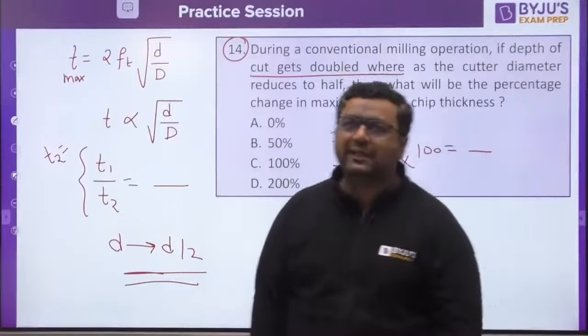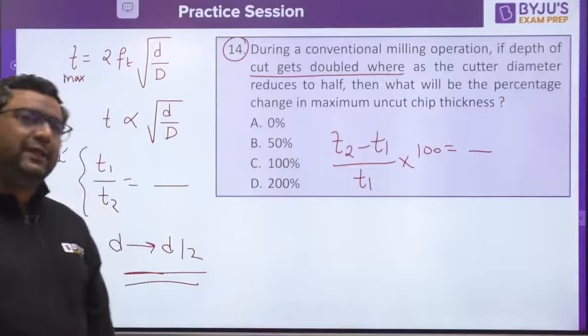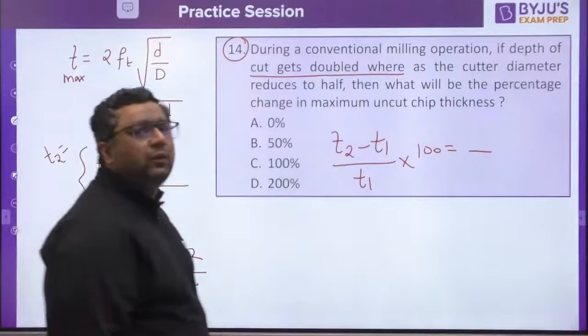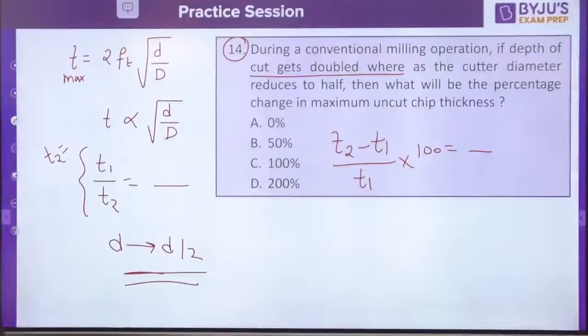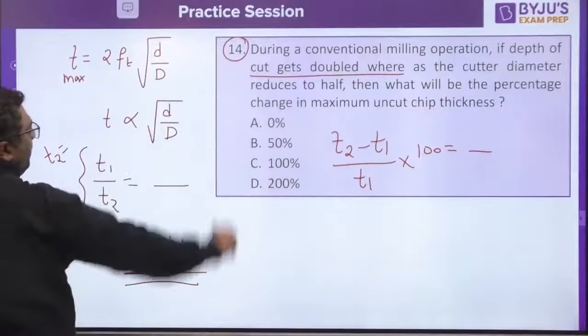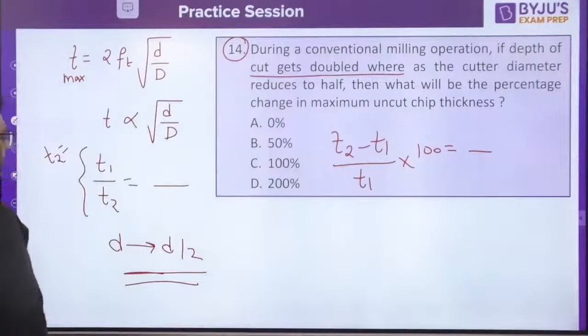Okay, Gaurav is saying C, Omkar is saying C. Ankit Tripathi is also saying C. Very good. So dear, you can see actually t is directly proportional to the square root of small d by capital D. And you can see capital D is constant, only small d is changing.